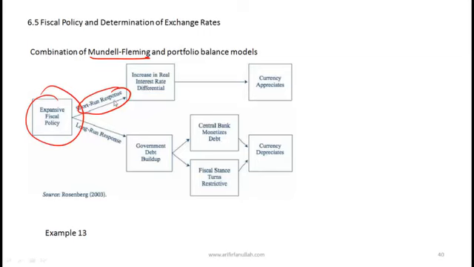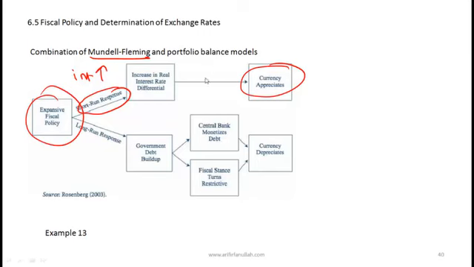As we saw earlier, when you have an expansive fiscal policy, interest rates go up. When interest rates go up, the interest rate in your economy is relatively high, capital flows in, and that results in your currency appreciating. This is in the short run.